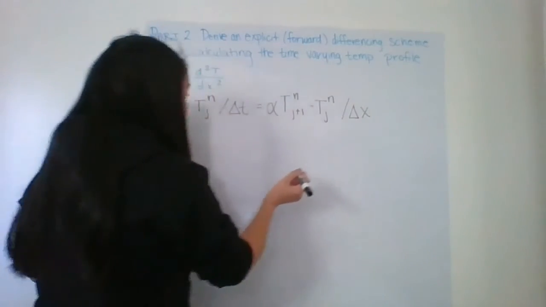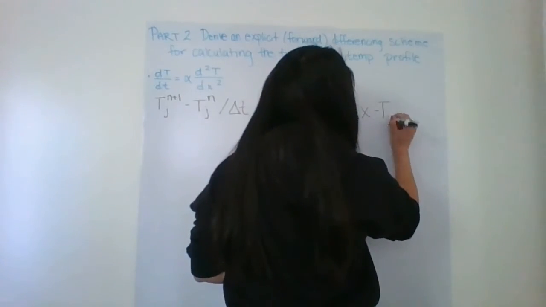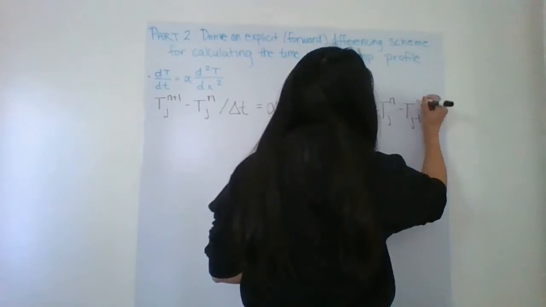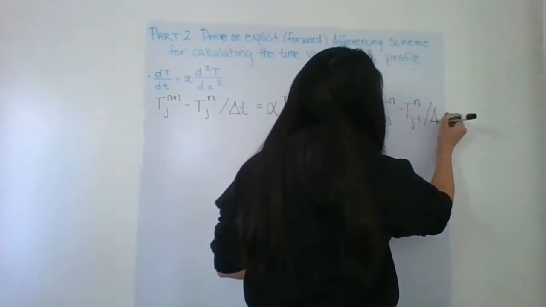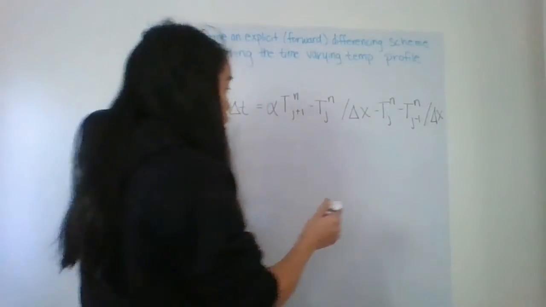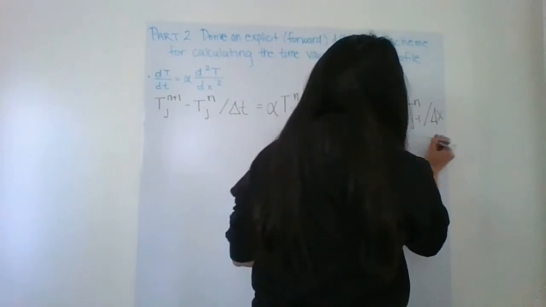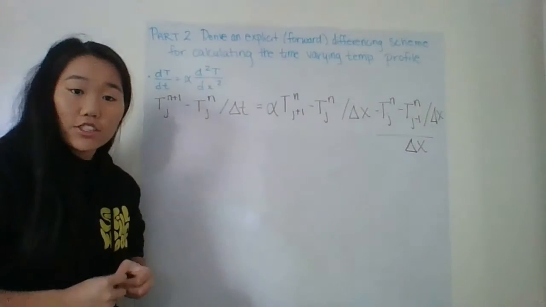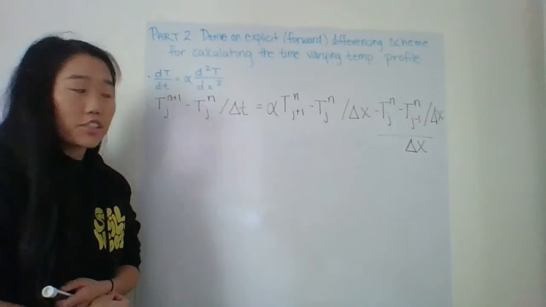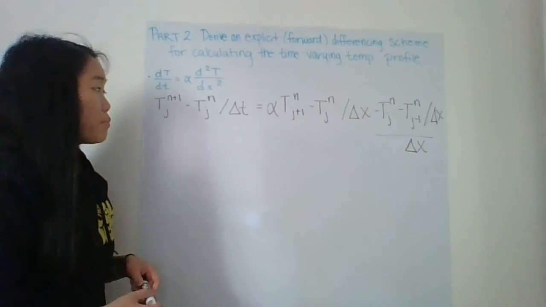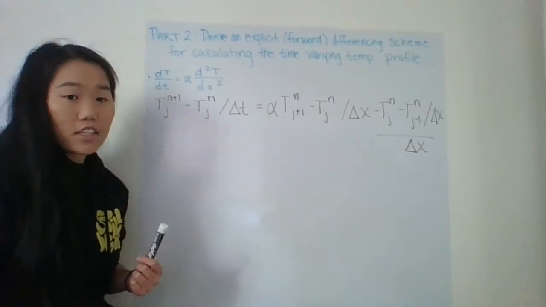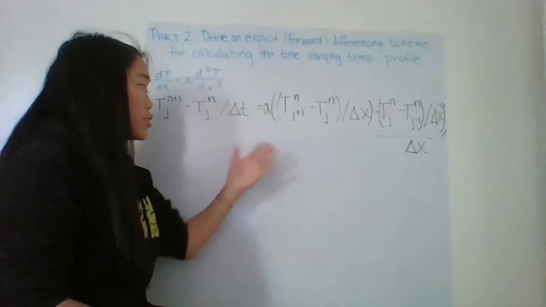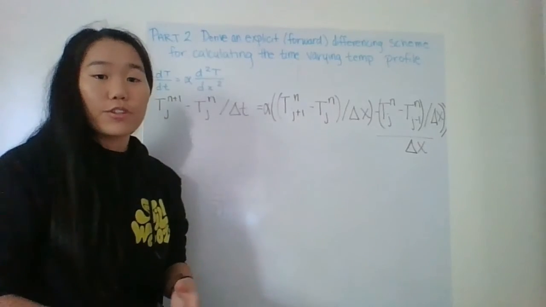And then we subtract T at position j at n minus T at position j minus 1 at n divided by delta x, and that is also divided by delta x. And alpha in this is thermal diffusivity, delta t is change in time, delta x is the change in space on the bar, and T is the temperature, j is the current space on the bar, and n is the current time. So I just put in parentheses to make it easier.